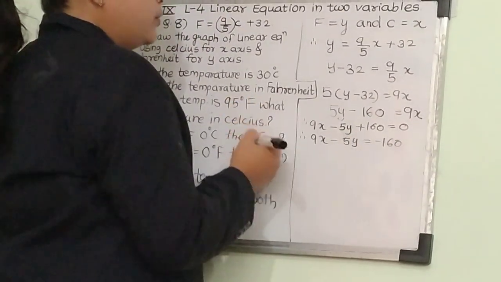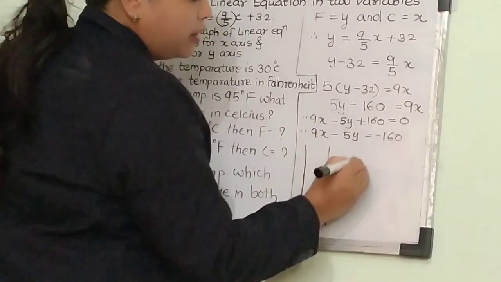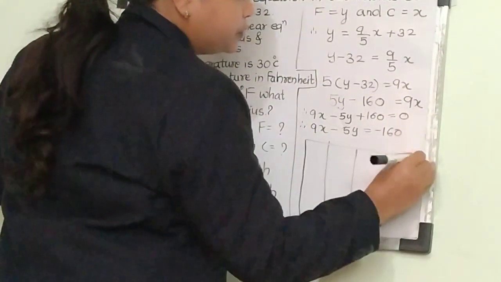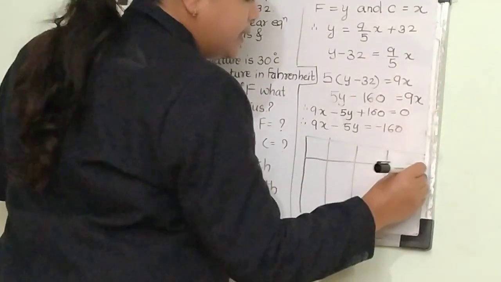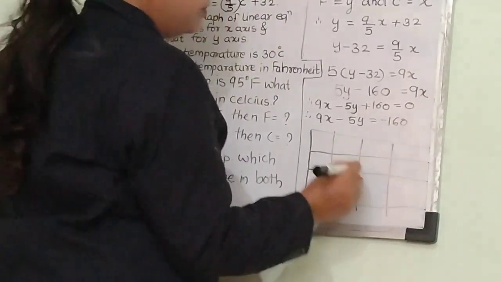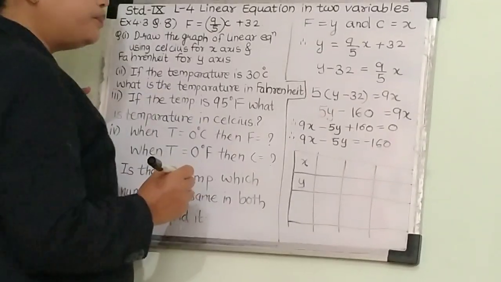It is an equation, and now we have to find the values for this equation. So let us start how to find the values of x and y for the given equation.